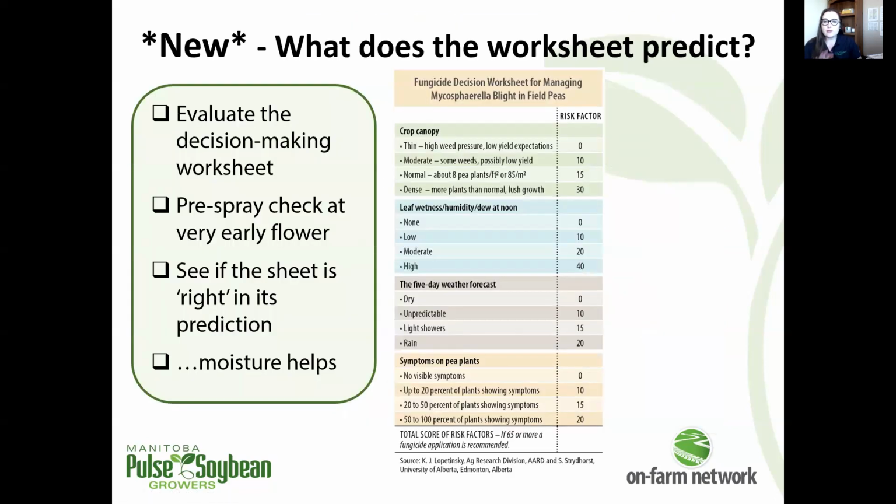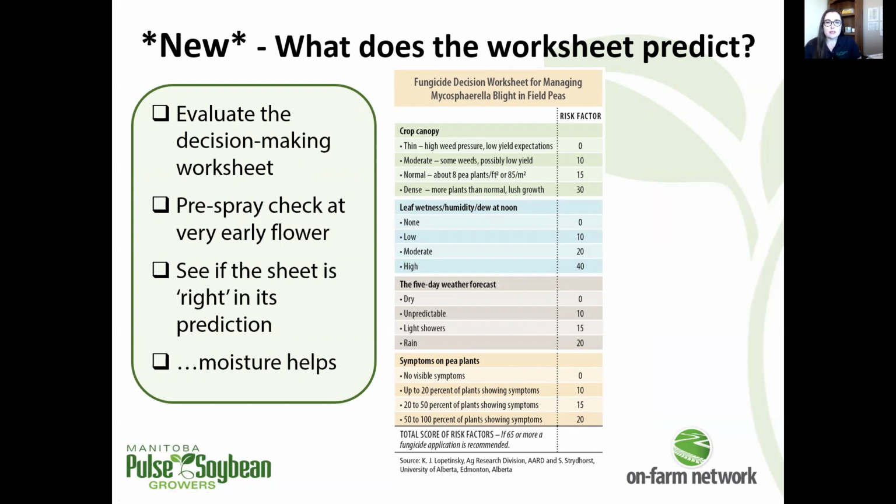Just before we get into results, something that's new in 2021: we decided to use the fungicide decision worksheet for managing Mycosporella blight or Ascochyta in field peas, and to evaluate the effectiveness of this tool by incorporating it into our data collection in these fungicide trials. We can see the outcome based on the total score of risk factors for each trial.